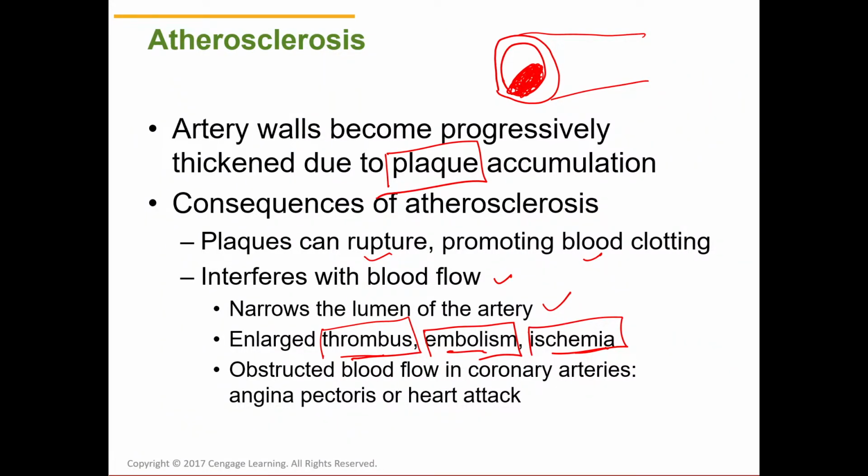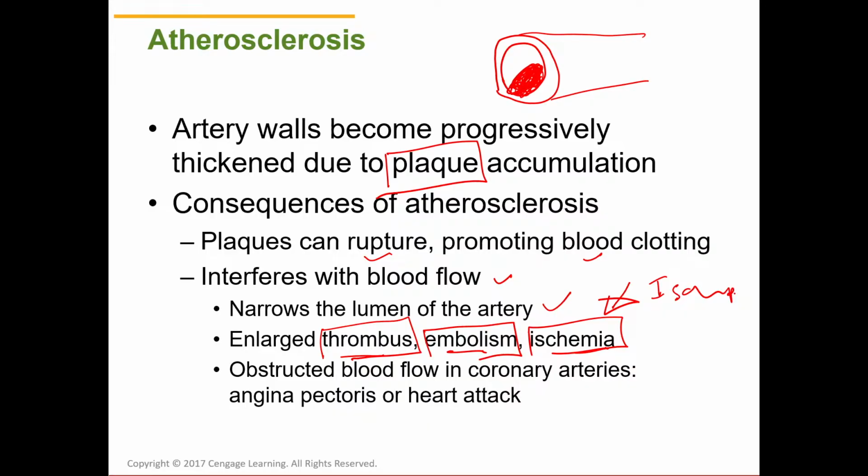When the thrombus ruptures or breaks loose, it can be circulated to the brain through the blood. When it is cut loose, it's called an embolus. The process through which it is circulated in the blood is called embolism, and it can cause what is known as ischemia.